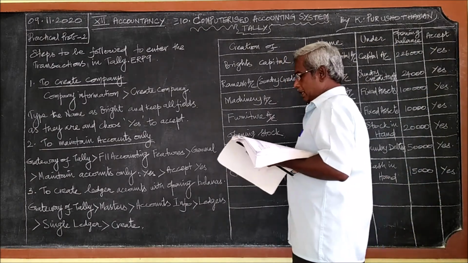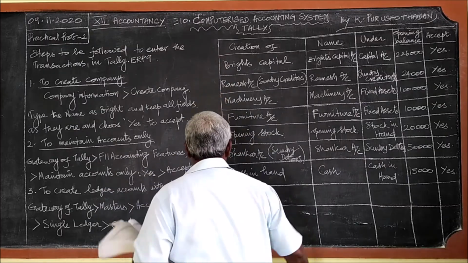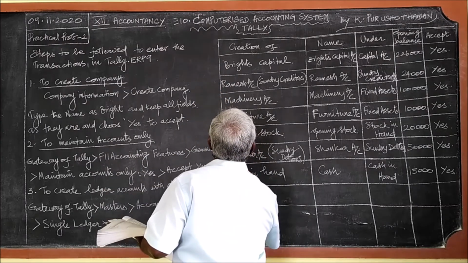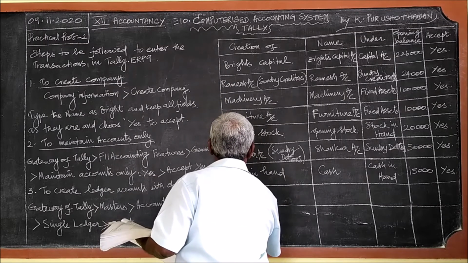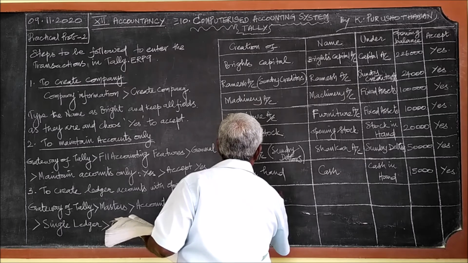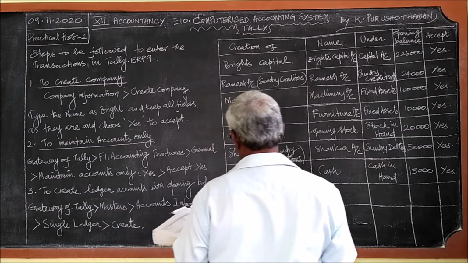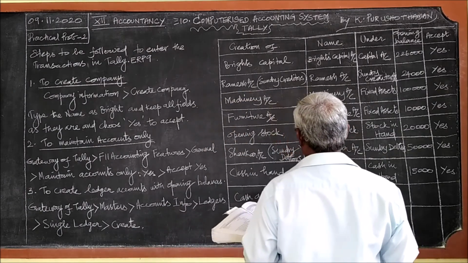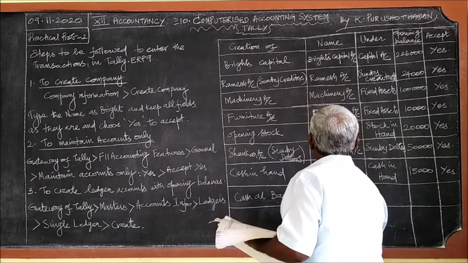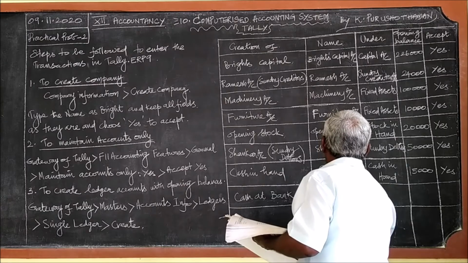And the last one is the cash at bank. Creation of cash at bank. Here this is the cash at the bank, therefore the name of the account is bank account.